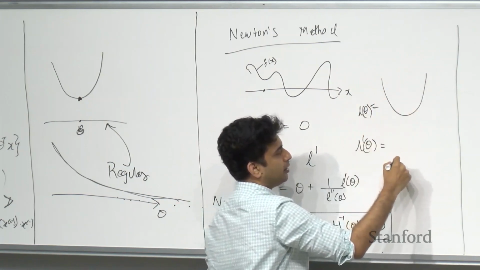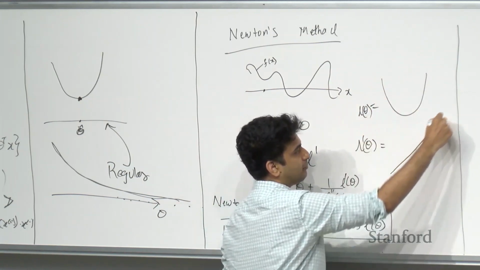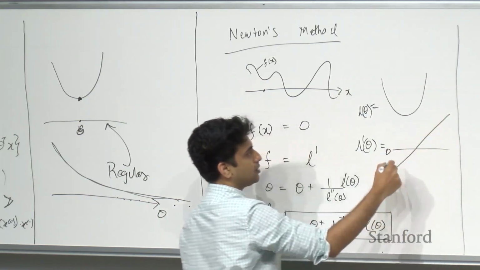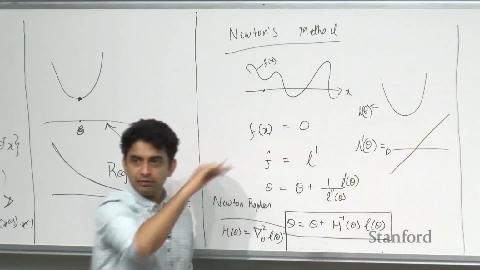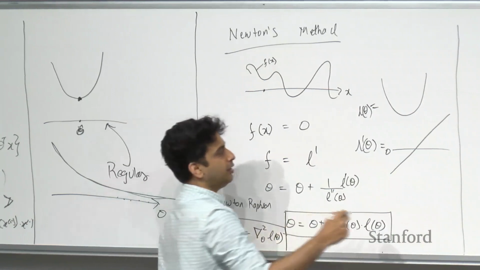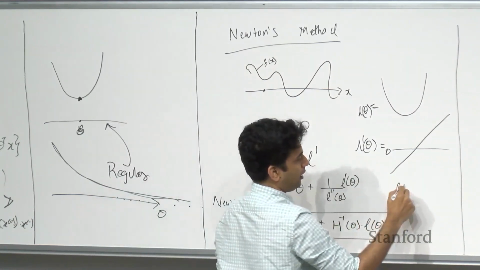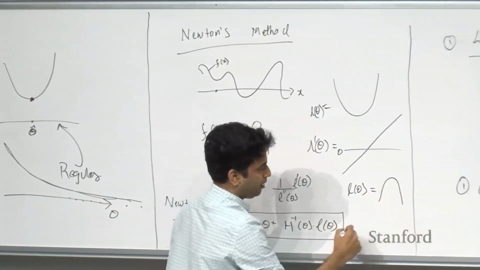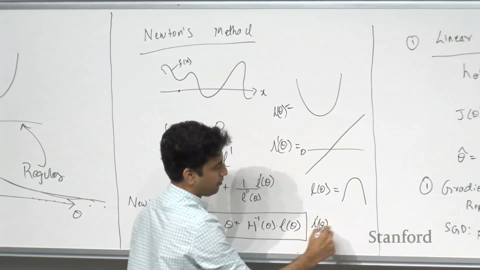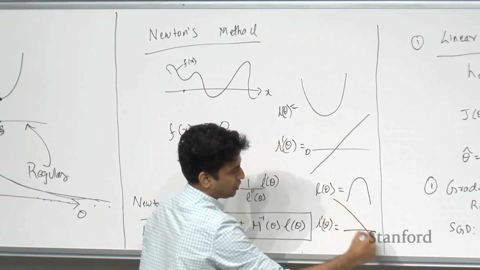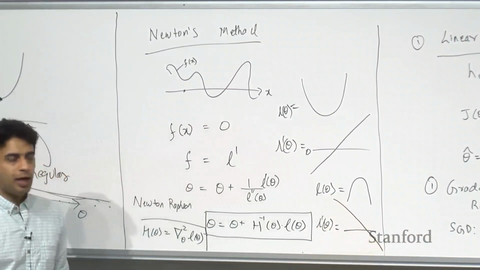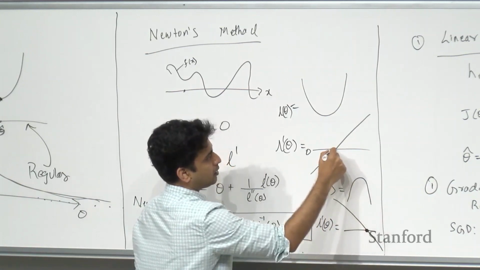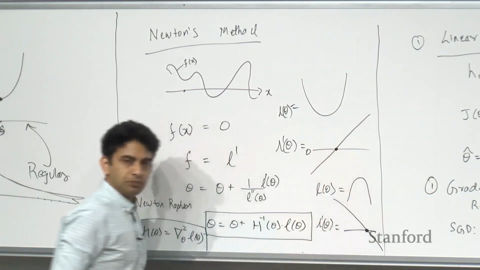So the gradient function is an increasing function. Similarly, if your L of theta is concave, then L prime of theta is a decreasing function. And Newton's method will just recover the point where the gradient is 0.